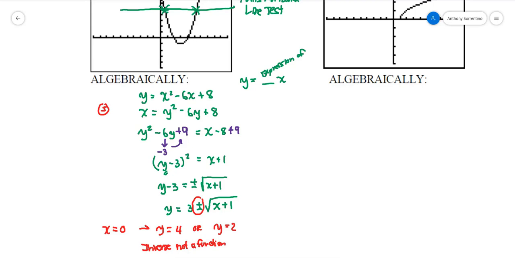And that leads me to go back up to the same conclusion I made before. This is not one-to-one.